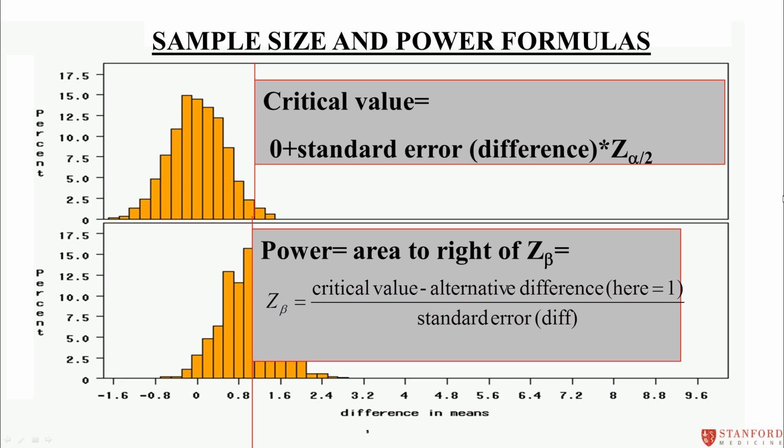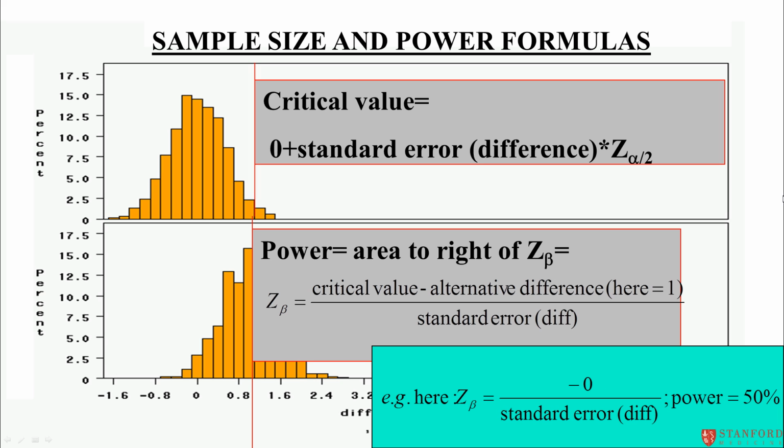To figure that out, we're going to have to calculate a z-score based on the alternative curve. The z-score will take the critical value, we want to know where we are on this curve, that's the critical value, minus the mean of the alternative curve, which is just the alternative difference here, an effect size of 1. And then we divide that by the width of this curve, which is also the same standard error, the standard error of the difference in means here.